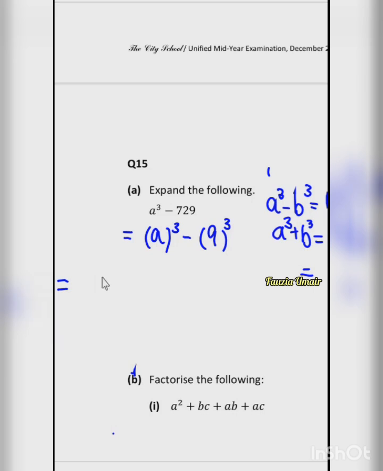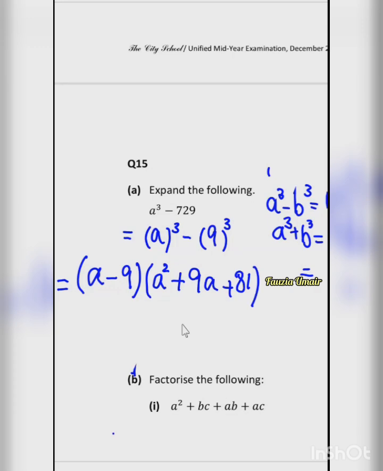A minus 9, in brackets, multiplied with a square, plus a into 9, so it would be 9a, because we know in algebra we write the number first, plus 9 square, which is 81. So this is the formula.